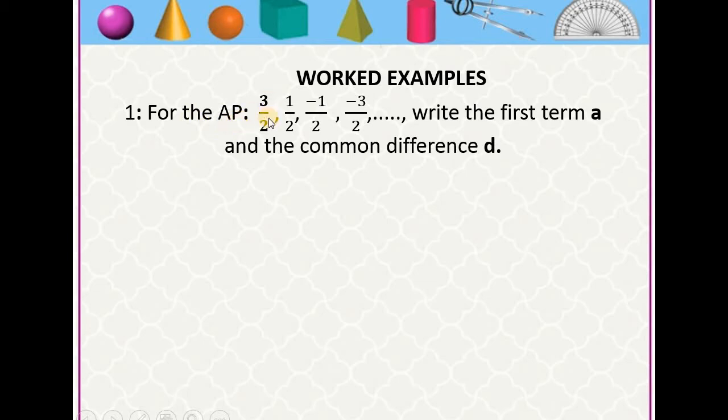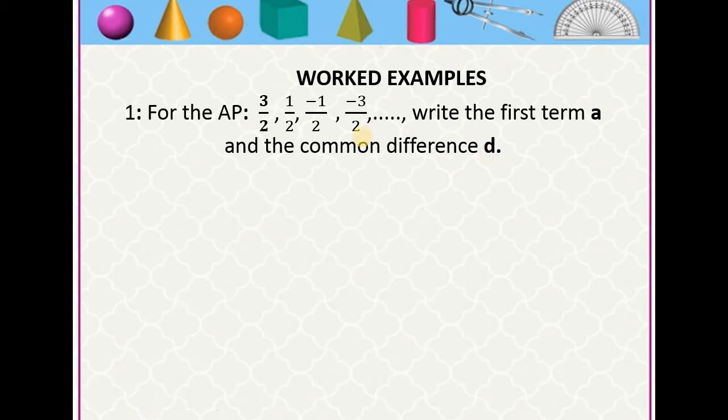For the AP 3 by 2, 1 by 2, minus 1 by 2, minus 3 by 2, etc., write the first term a and the common difference d. So here the arithmetic progression is given, and we have to write the first term and the common difference.